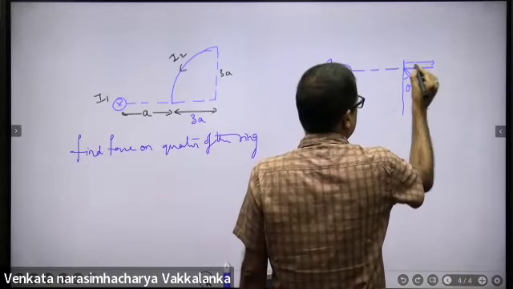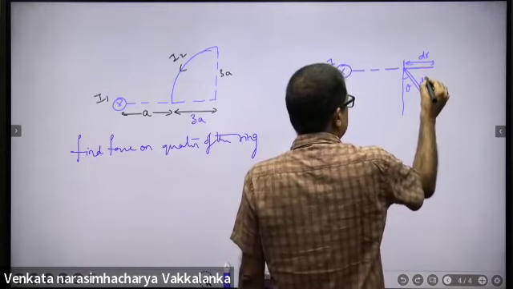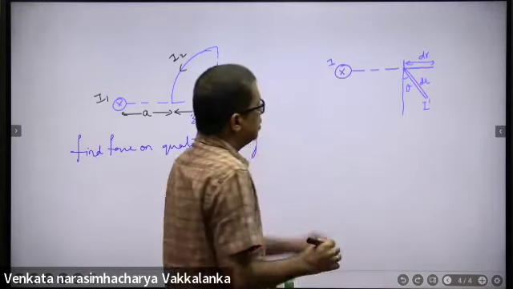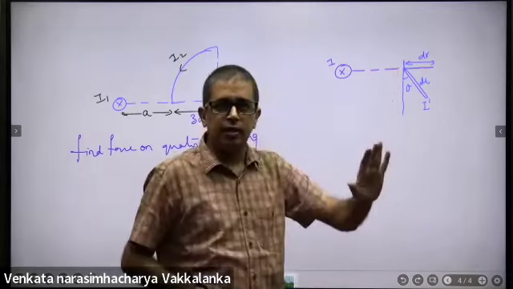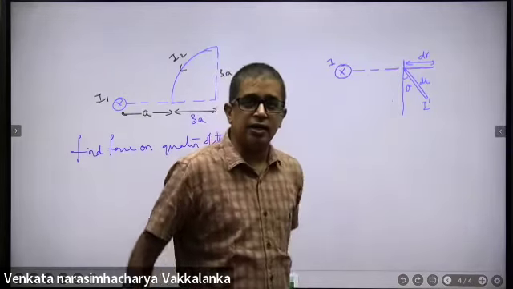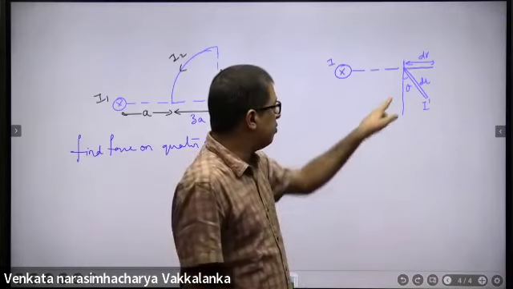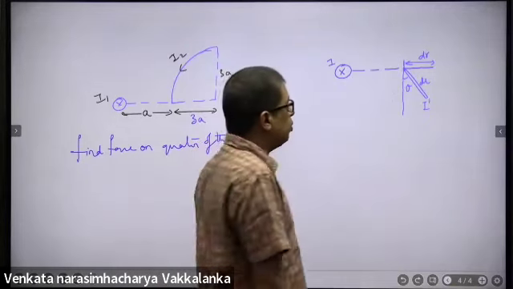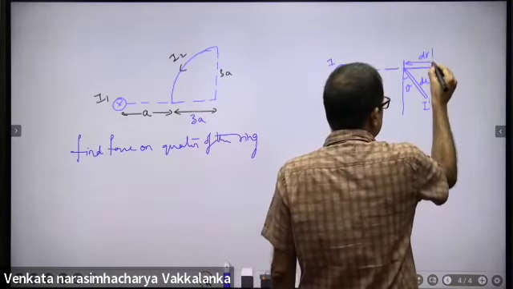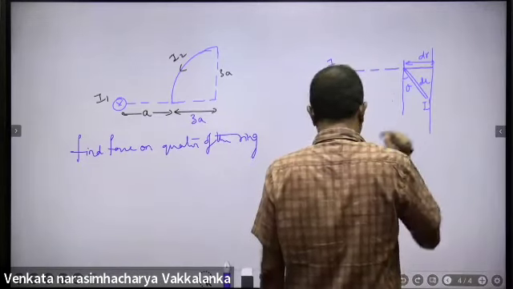And this distance is given as dr. You're taking this length to be dr. This is a small element dl, whose current you know, and you want the force on it. It makes an angle of theta. We will project this on this. This is I dash.